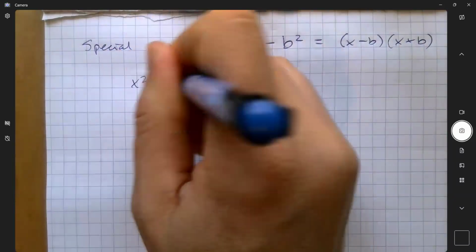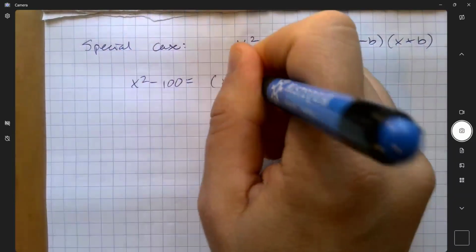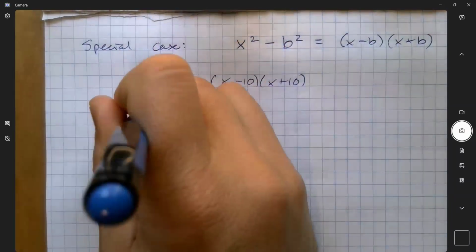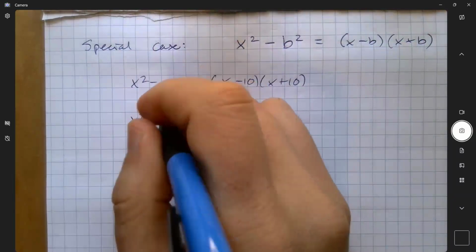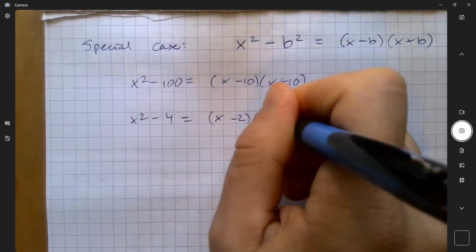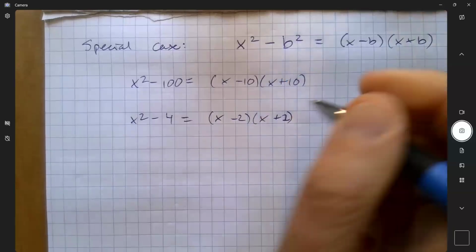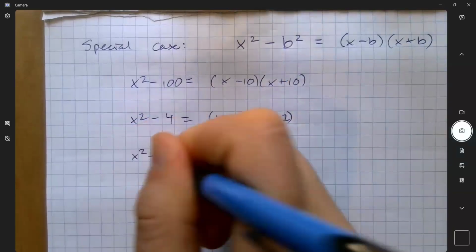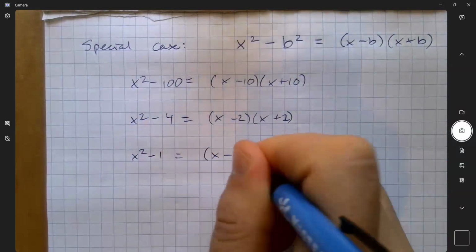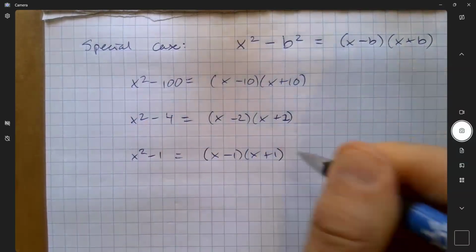X squared minus 100 factors into x minus 10 times x plus 10. X squared minus 4 factors into x minus 2 times x plus 2. Even x squared minus 1, because 1 is a square number, that factors into x minus 1 times x plus 1.